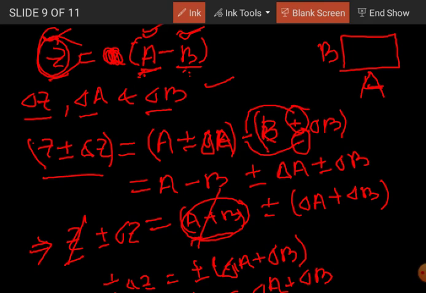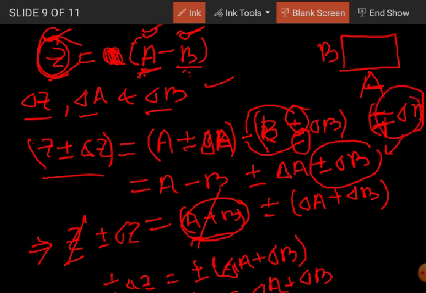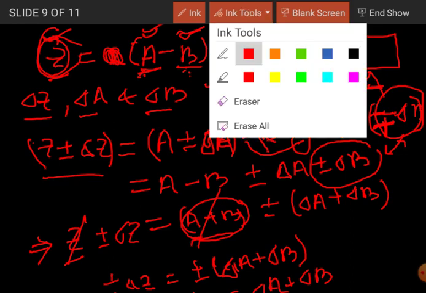Then minus plus minus will be minus, minus minus will be plus. Then it will be like this, minus plus of delta b. That minus plus or plus minus is same in this case. So when you open the bracket, it will remain as plus minus of delta b. Minus plus delta b and plus minus delta b are the same. So instead of minus plus delta b, you write it simply as plus minus delta b. Got it?